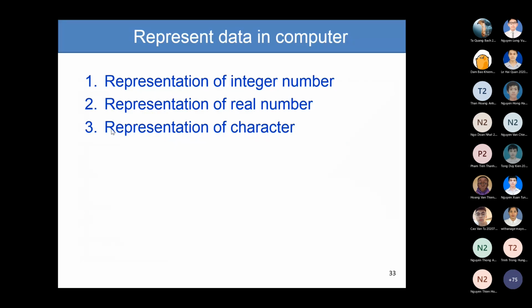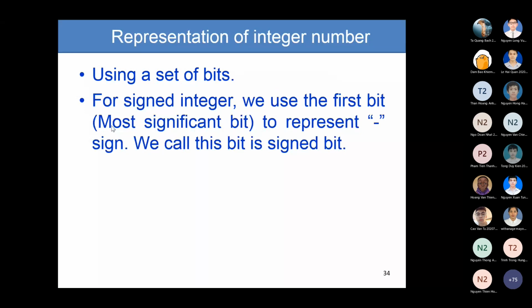In the last part of the lesson, we study 3 specific cases of how to represent integers, real numbers, and characters in computer. The first one is representation of integers. To represent an integer, we use a set of bits, with a different number of bits for each integer.